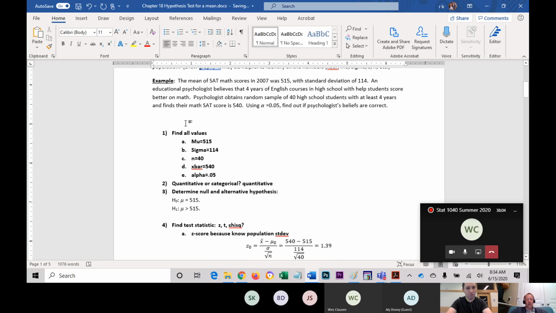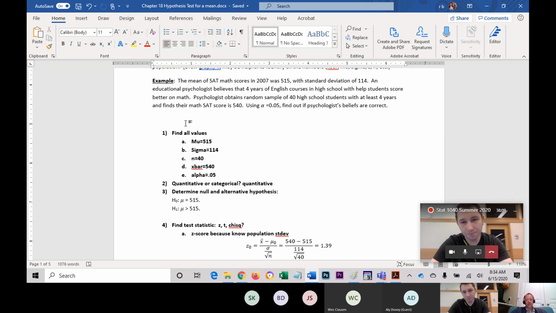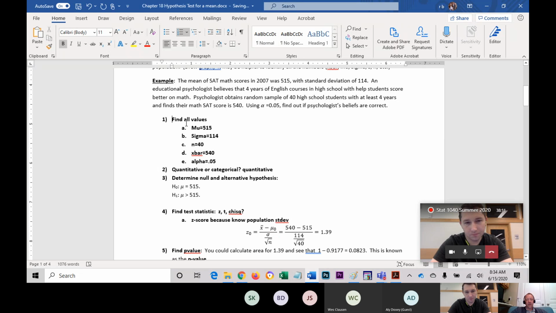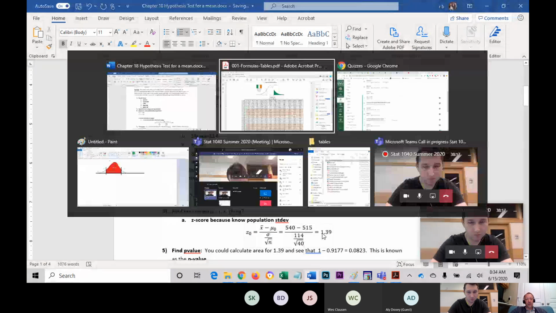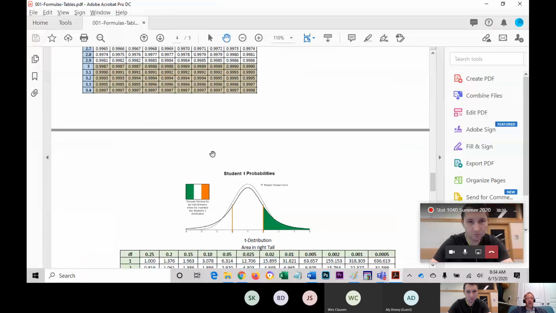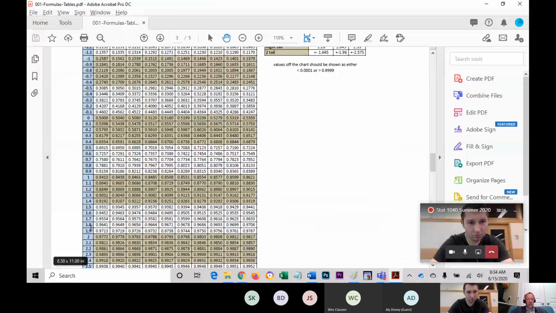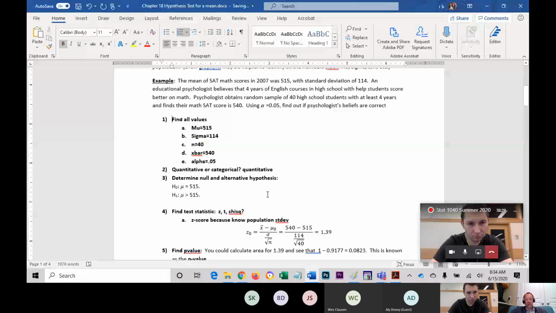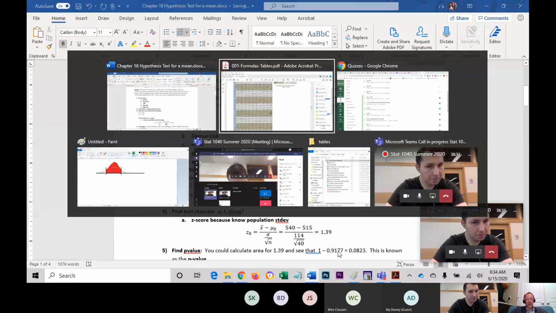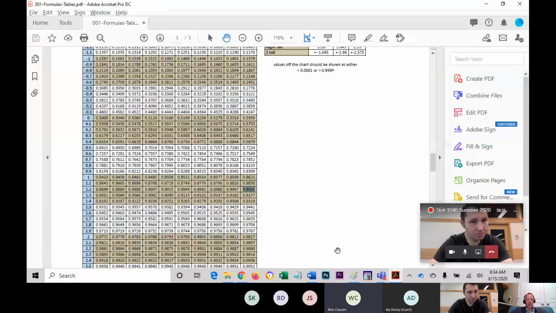So what's my next step? Finding the p-value, using the chart. I got 1.39, not this chart. 1.39 will be the last column. So I got 0.9015. Oh, that's not right. You were at 1.2. Oh, I'm on the wrong level.